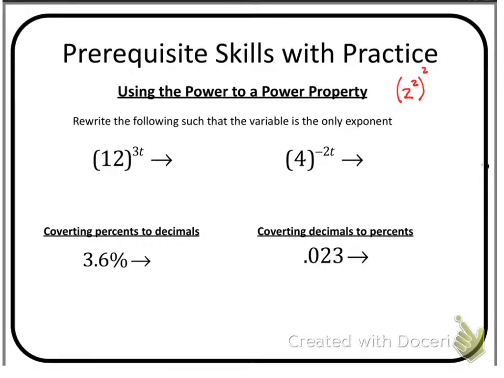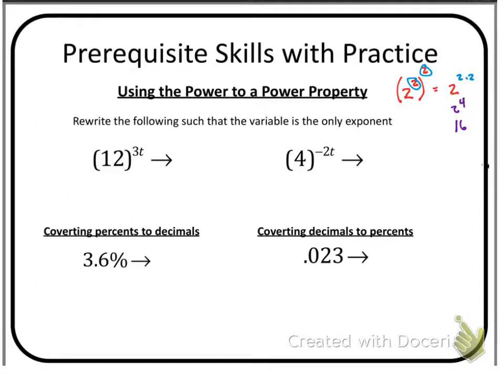When we have an exponent raised to an exponent, we multiply those. So here we would have 2 times 2, because that's this exponent times this exponent. That would give us 2 to the 4th power, or 2 times 2 times 2 times 2, which is 16. For these prereq skills, we're actually going to be undoing this.